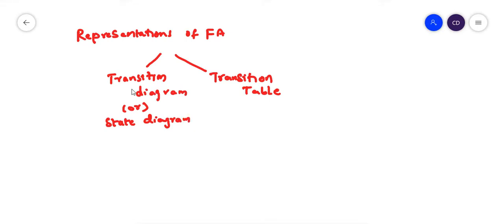Now we'll see the definition of a transition diagram and how we construct a transition diagram for a finite automata.